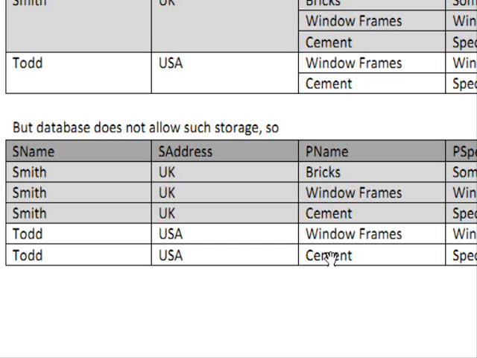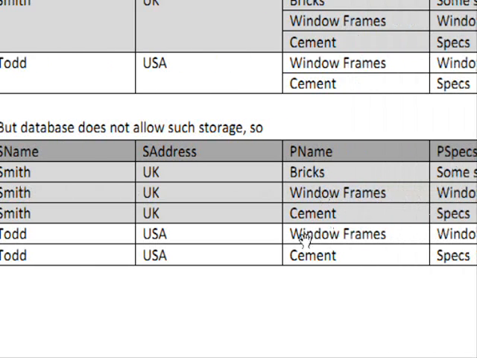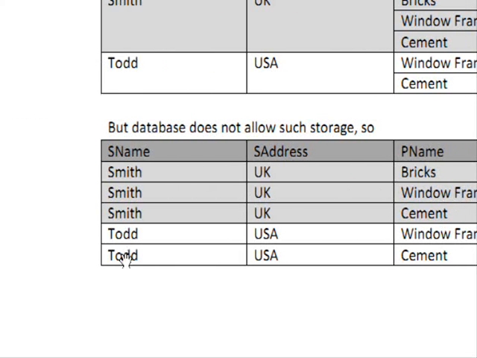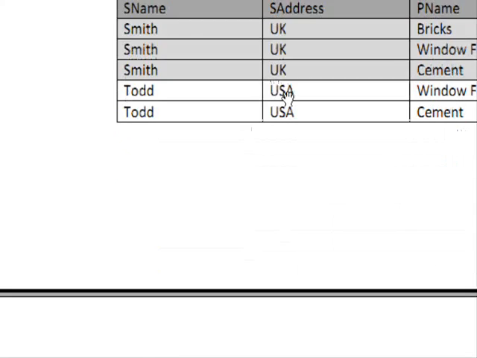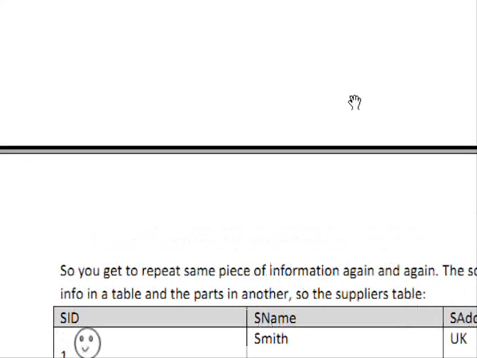Todd can supply window frames and cement. And the reverse is also true: a single part can be supplied by multiple suppliers. For example, cement can be supplied by Todd and Smith. So this is basically a many-to-many relationship, which means you will have to split this into 3 tables.